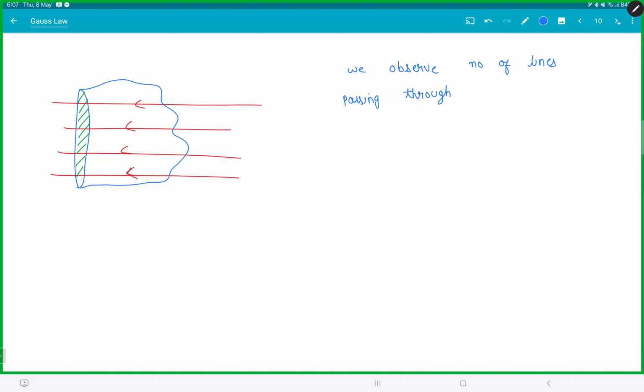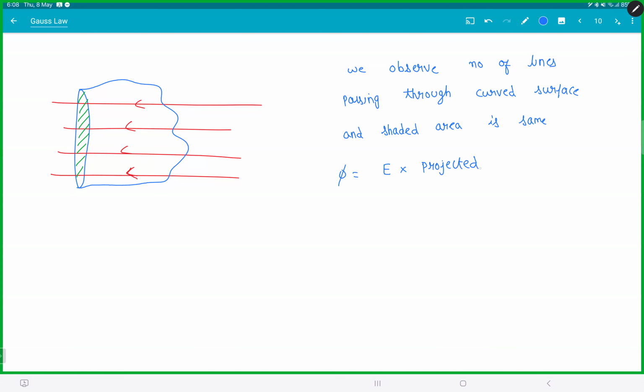You should check out fluid mechanics. This will come at least 6 times: the projected area and projected length. So the number of lines passing through the curved surface and the shaded area is the same. Therefore, flux is simply E into projected area.